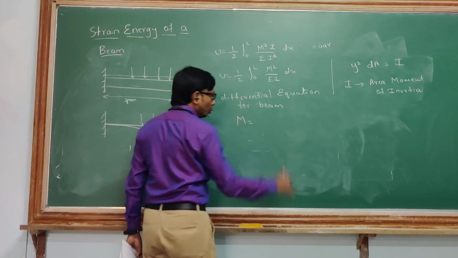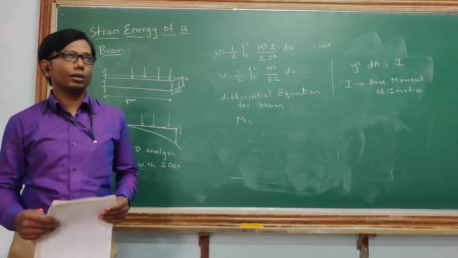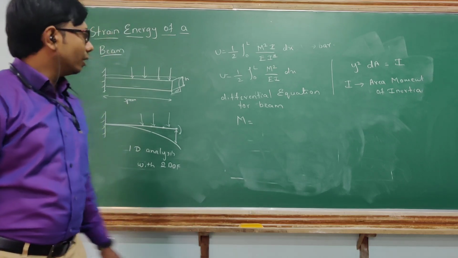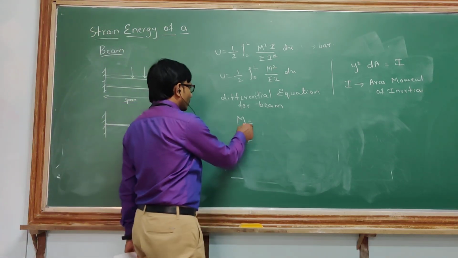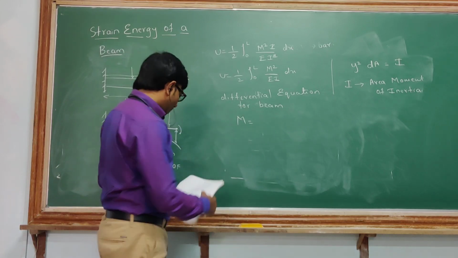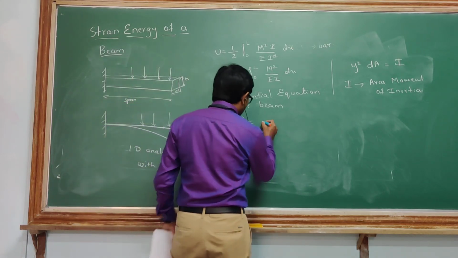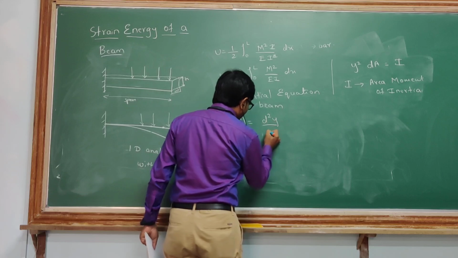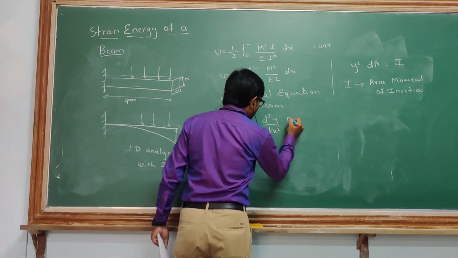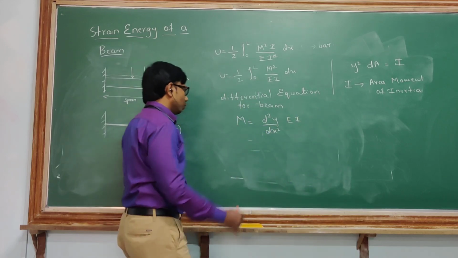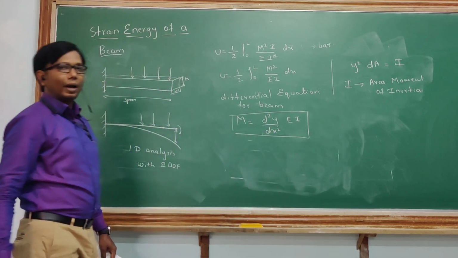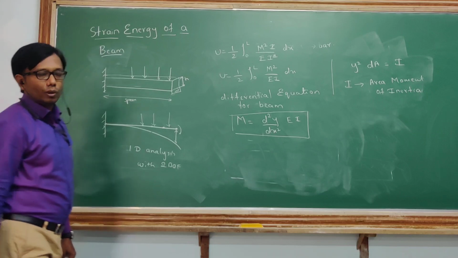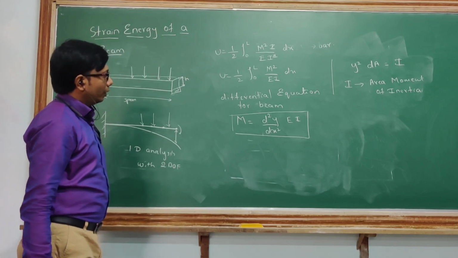If you consider deflection of a beam by the double integration method, we will come across the parameter M, that will be d square y by dx square into EI. So from the deflection of beams, we have M is equal to d square y by dx square into EI.